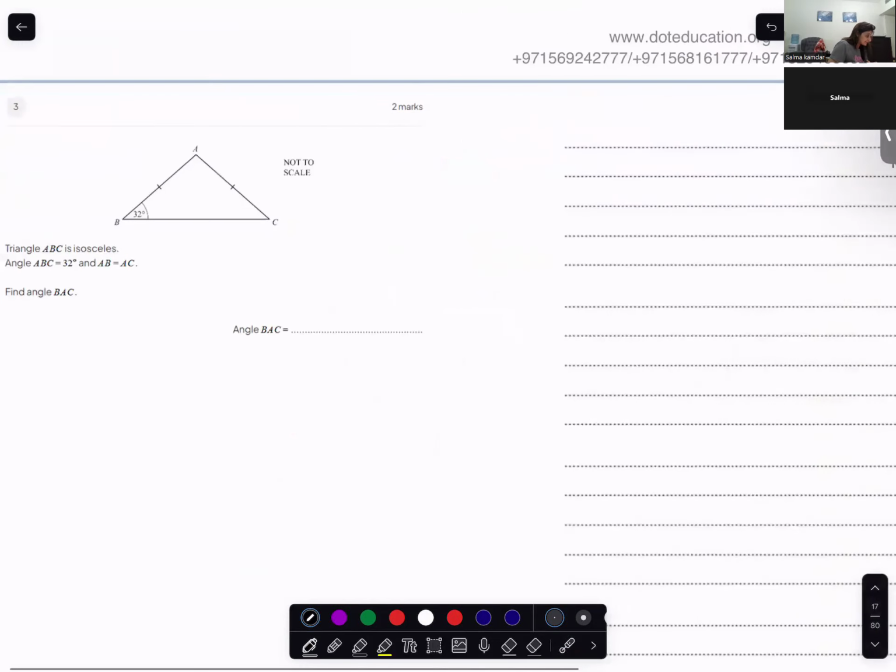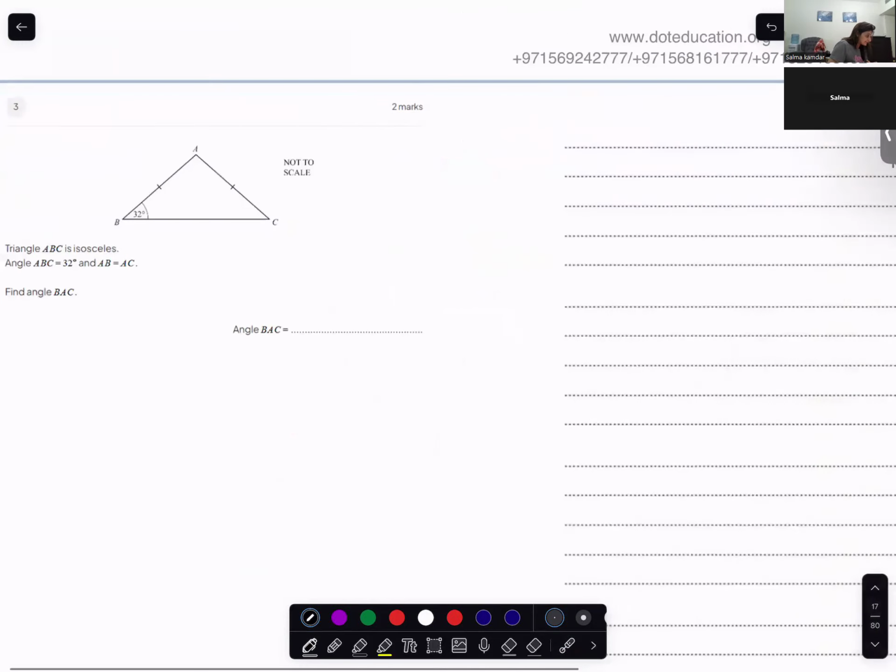What I advise you is that you should pause the question, first think, then start the video again and do the answers. Look over here. I have a triangle ABC, and this triangle is an isosceles triangle.